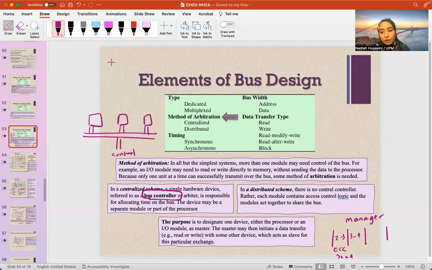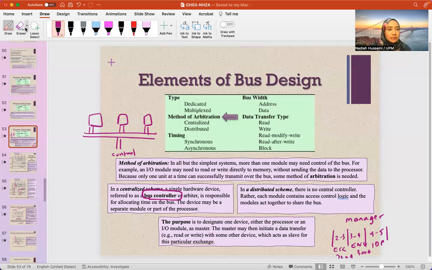And from 3 to 4, they decide a different class, ENG 3004 stats. And at a different time, a different module gets to go, 4 to 5, let's say IDP class. So this is what the bus controller does. It decides who gets to use a time slot. It acts like a manager.